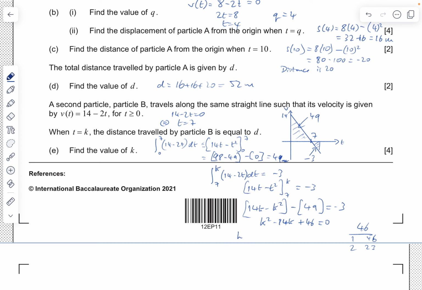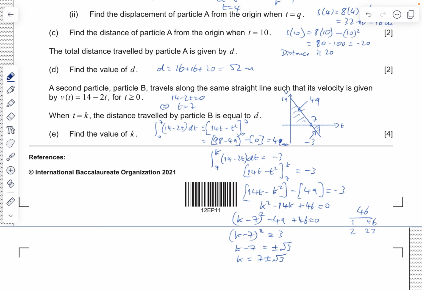Let's complete the square. (k subtract 7) all squared subtract 49. That's completed the square on this first bit. And then plus 46 equals 0. (k subtract 7) squared equals 3. k subtract 7 equals positive or negative root 3. k equals 7 add or subtract root 3.